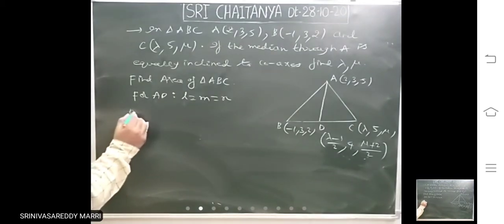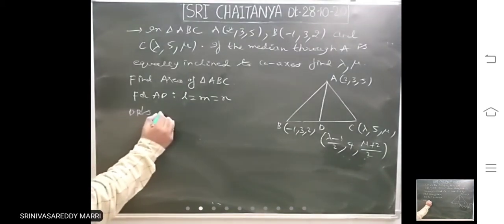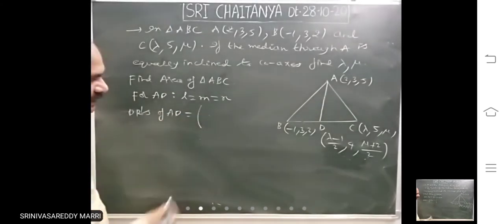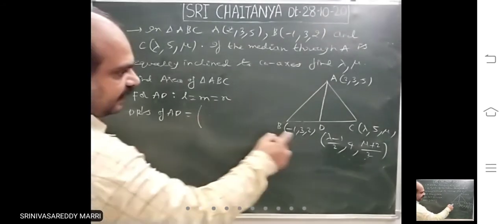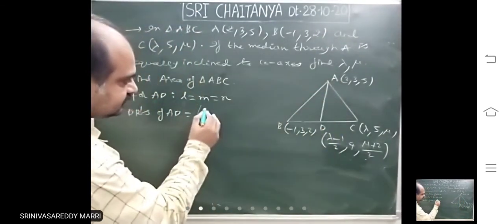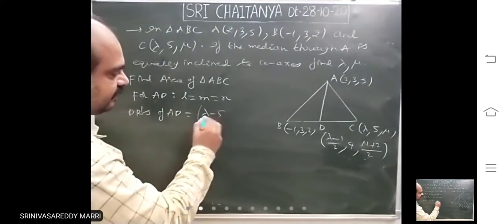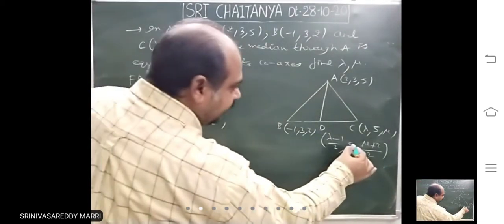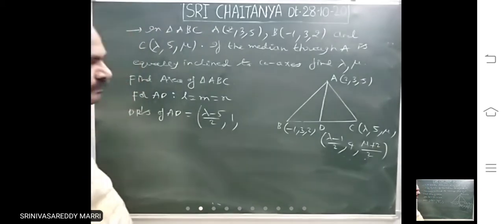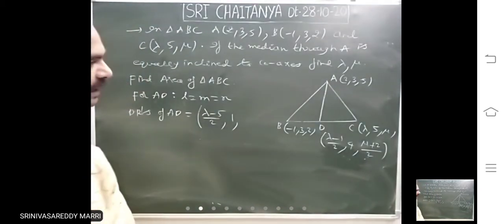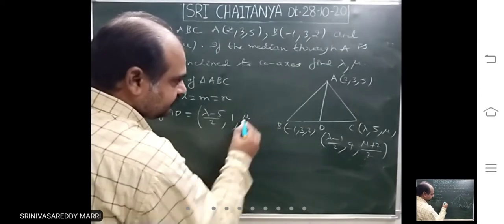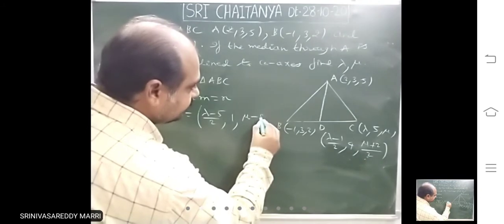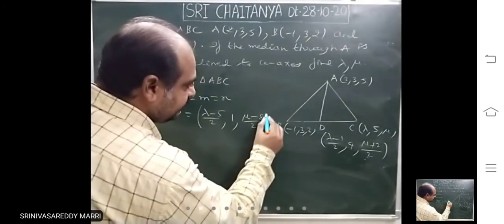Now the DCs of AD. First calculate the DRs of AD. AD means lambda minus 1 by 2 minus 2, that means lambda minus 5 by 2, comma 4 minus 3 is 1, comma mu plus 2 by 2 minus 5, so mu minus 8 divided by 2.